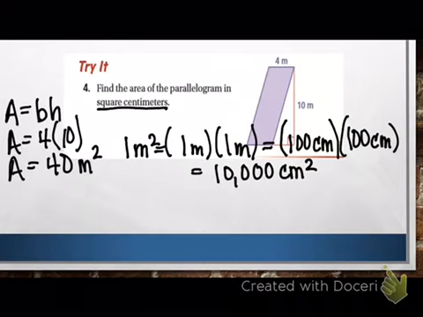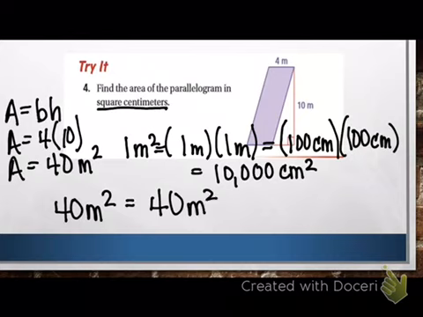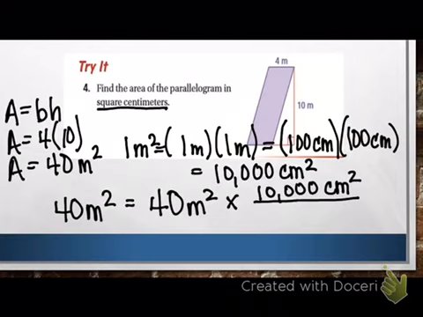So now I'm going to plug that in to my 40 meters. So I'm going to come over and I'm going to say 40 meters squared equals 40 meters squared times my 10,000 centimeters squared over my 1 meter squared.